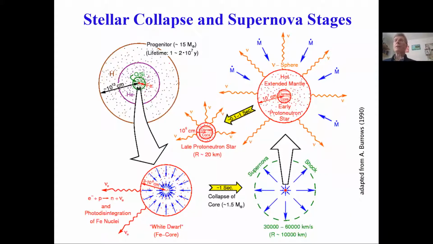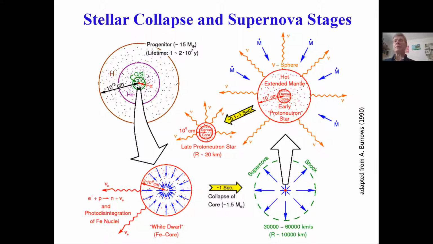The phenomenon of supernova explosions and their evolution is sketched on this slide, where you see the so-called onion shell structure of progenitor stars after some tens of millions of years of evolution. Prior to collapse, they have evolved an iron core, which is zoomed out in the lower left part.